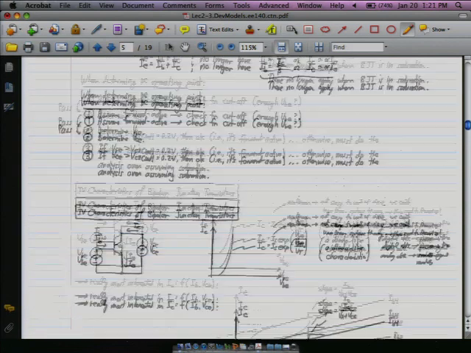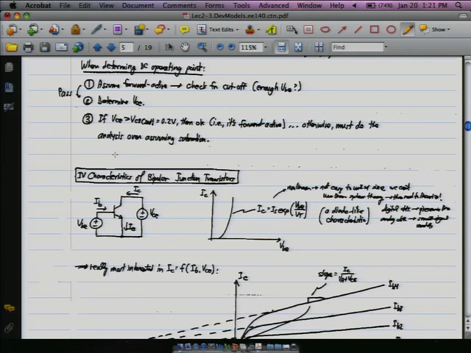All right, so when determining a DC operating point, you can first assume that you're in forward active because most often that's where you're operating, and you have to look, do you have high enough VBE?